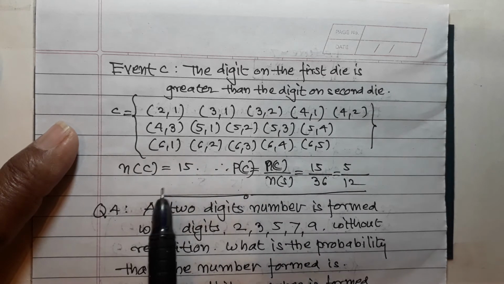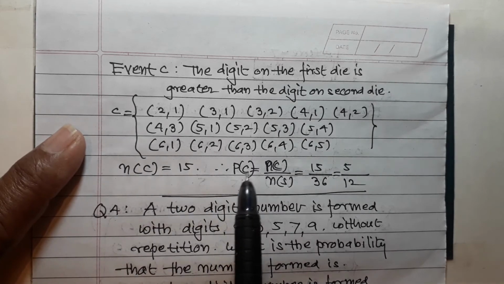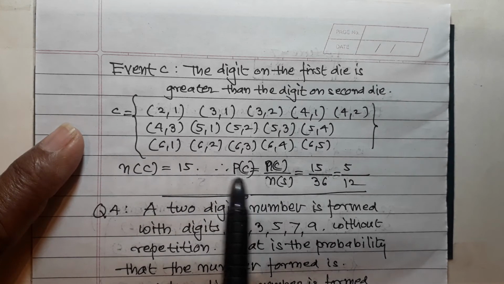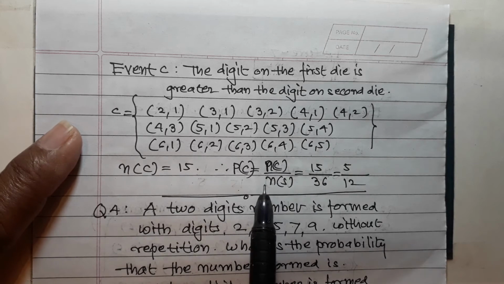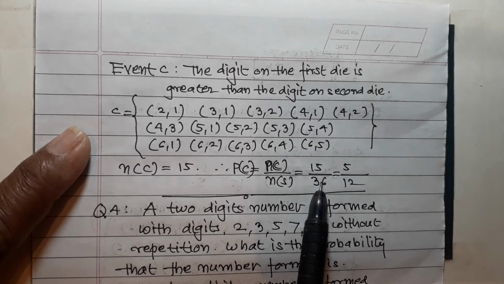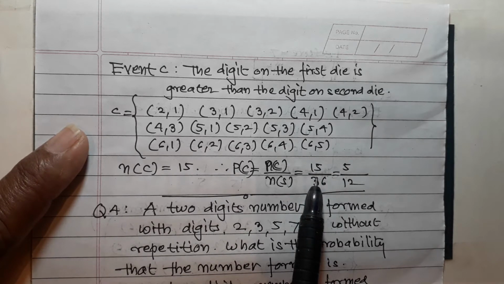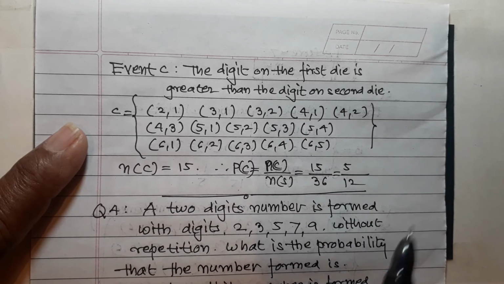Now n of C is equal to 15, and therefore the probability of event C is equal to 15 upon 36. Simplify this, it is equal to 5 upon 12.